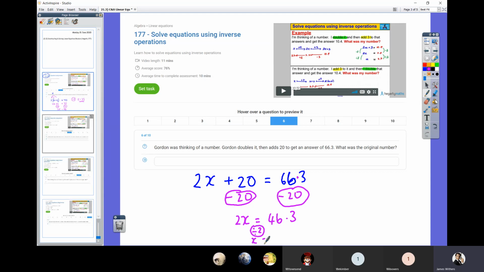So divide both sides by 2. 46.3, let me get my calculator, divided by 2 gives us an answer of 23.15. So that's your final answer. If you double 23.15 and then add 20, you get 66.3.